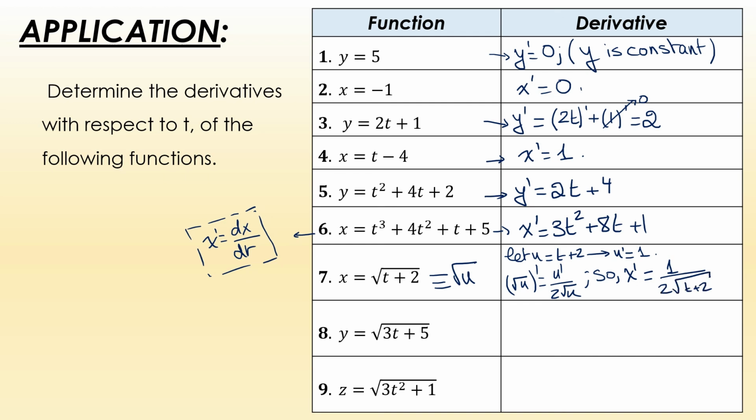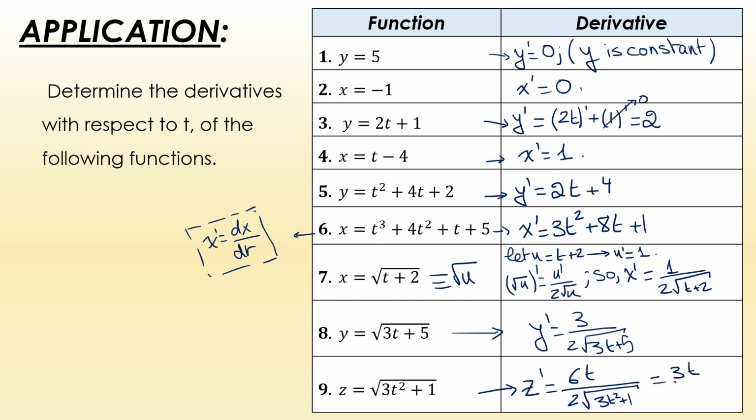Okay, same thing here. You try it on your own. y prime is going to be 3 over 2 radical 3t plus 5. And over here, z prime is going to become 6t over 2 square root of 3t squared plus 1, or simply 3t over radical 3t squared plus 1.